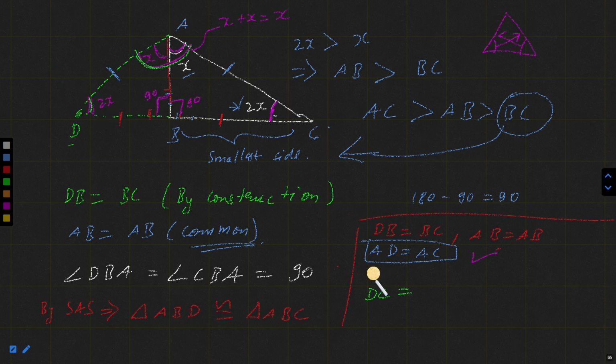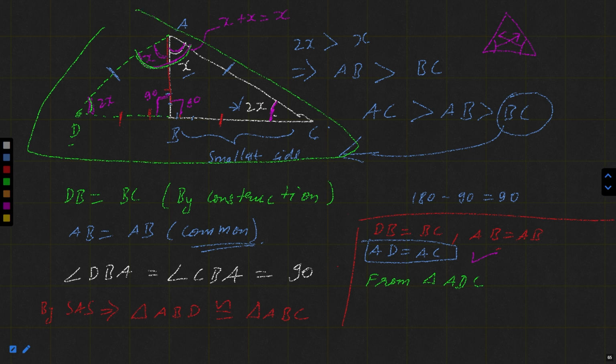So taking this information from triangle ADC, this whole triangle ADC, this angle and this angle are both 2x. So I can say that the opposite sides to them must also be equal.